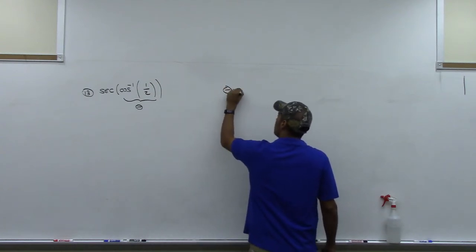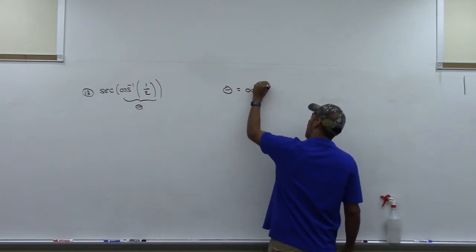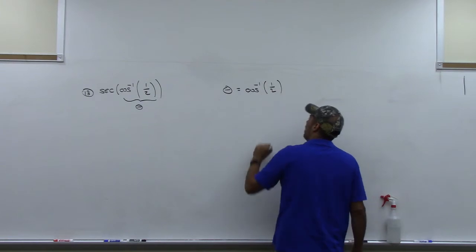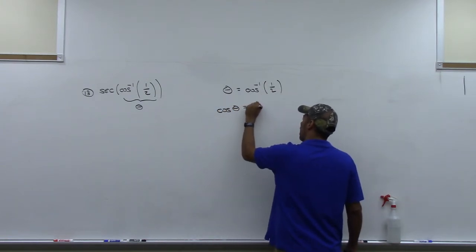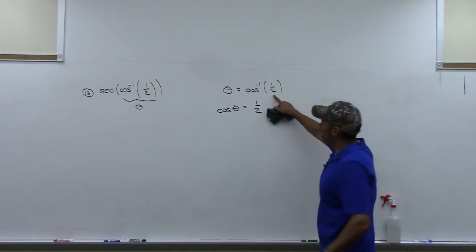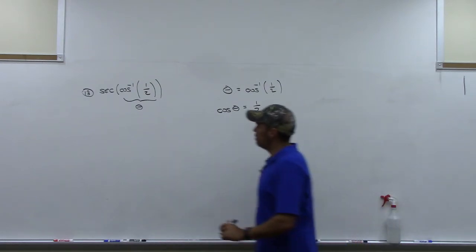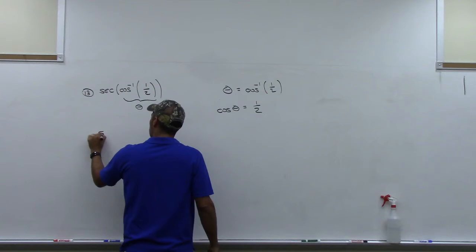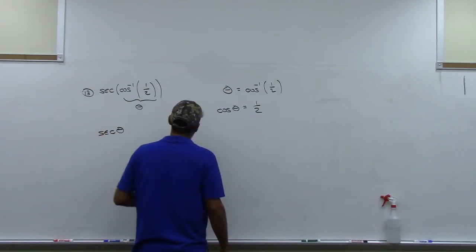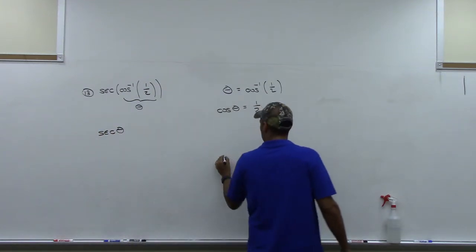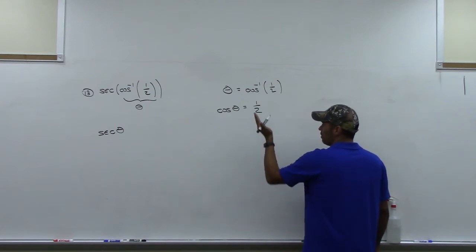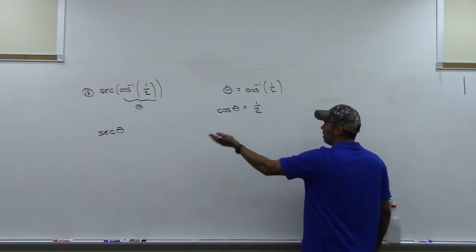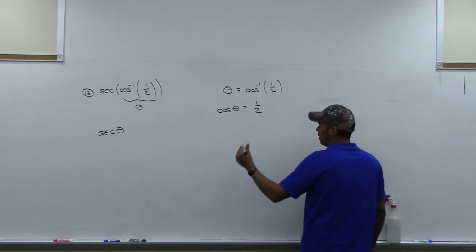Theta must be equal to arc cosine of 1/2. And then you could take cosine of both sides. Cosine theta equals 1/2. That's valid as long as that's between -1 and 1, which it is. And remember, what I really want is secant theta. So from here, I could just get the answer right now. I don't even have to draw a triangle, because if cosine theta is 1/2, secant theta is the reciprocal. So it should be 2.